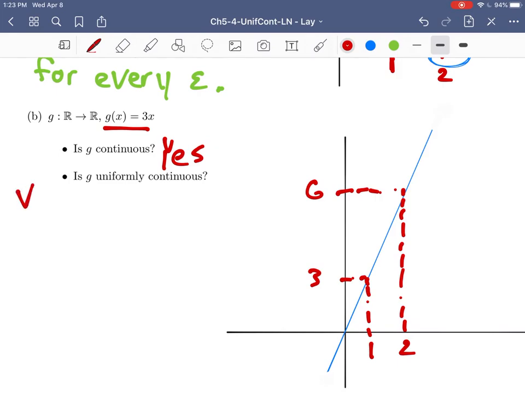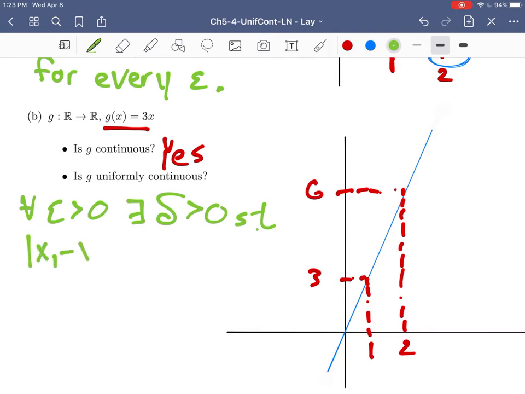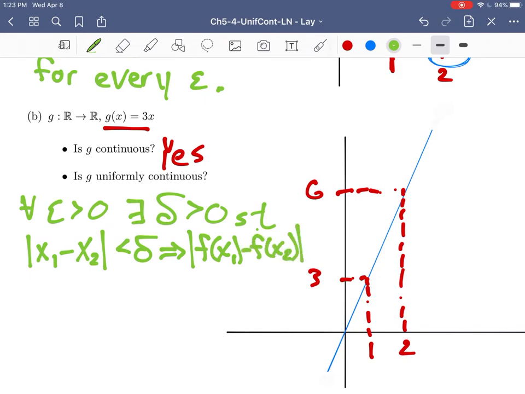For every epsilon greater than 0, there does exist a delta greater than 0, such that whenever the distance between our two x values is less than delta, this will imply that the distance between our two function values is less than epsilon.